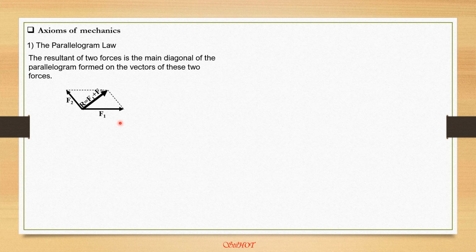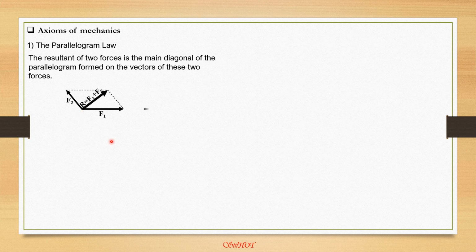So for example, if you begin with F2, then you connect F1, then the resultant is the diagonal or the third vector, which is formed from the tail of F2 to the tip of the second force, which is F1.